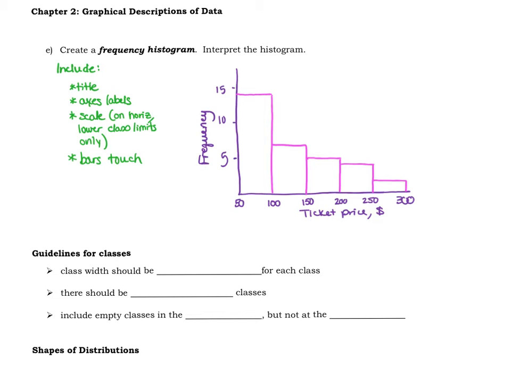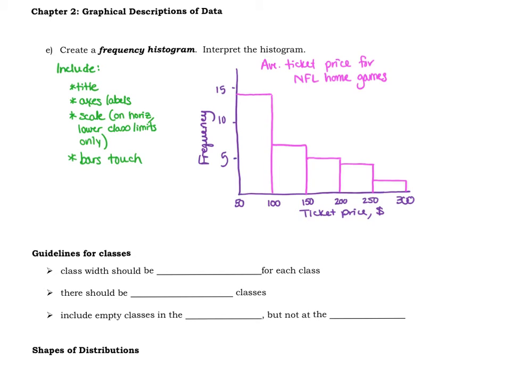And then there's one thing I'm still missing. So if you look at our list of things we need, we don't yet have a title. And so I'm going to give this a title of average ticket price for NFL home games.